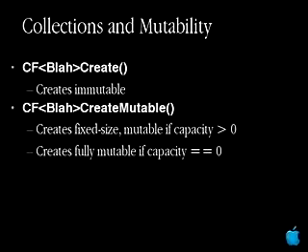So CF array create mutable with a capacity of 10 produces an array that can never hold more than 10 objects. On the other hand, if you pass a capacity of 0, we will create a fully mutable object for you, and the array or string or dictionary will automatically grow as new objects are added in.